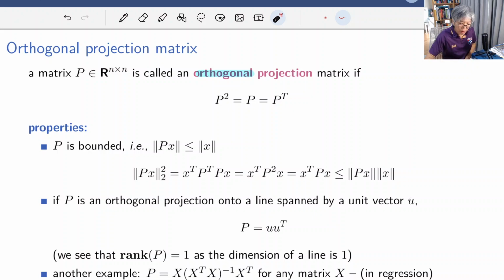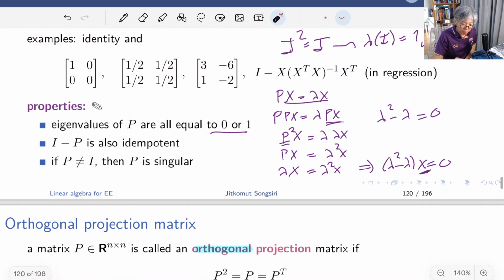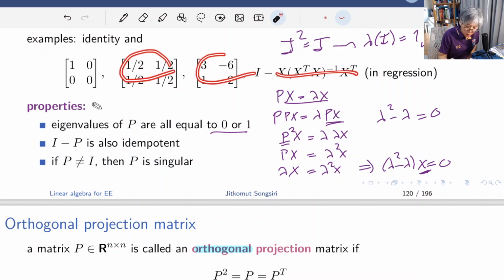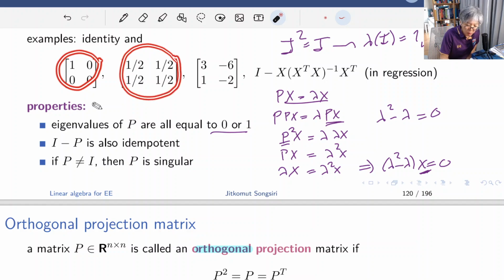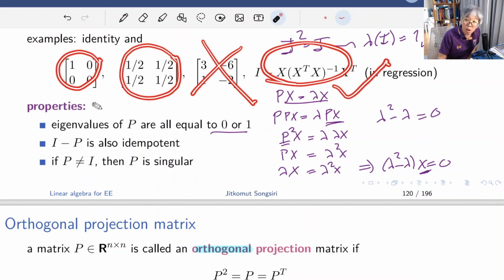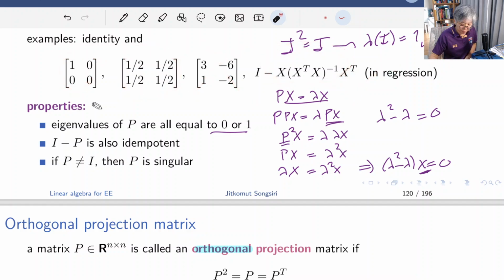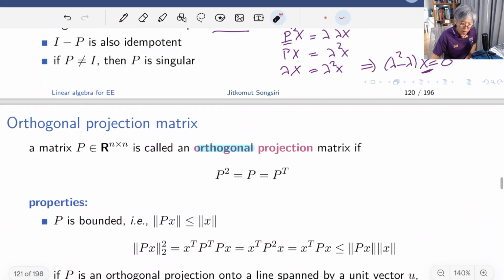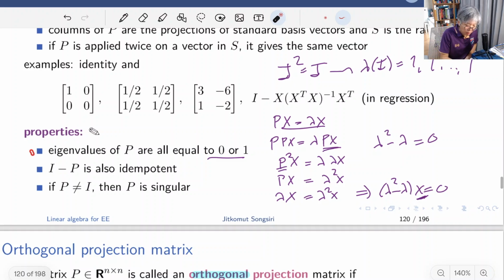In the previous example, which ones are symmetric? This one is also symmetric, but not the other two. So all the matrices in the circles are not only projections but also orthogonal projection matrices.